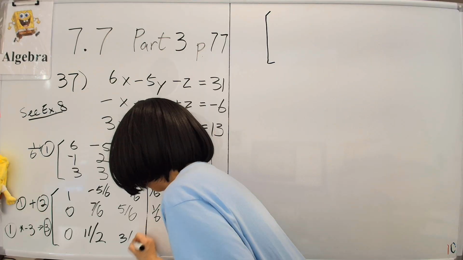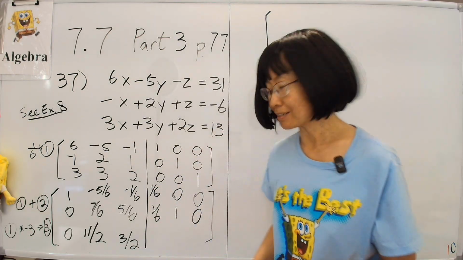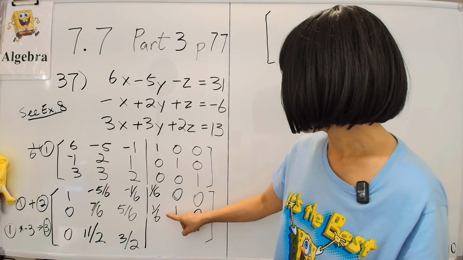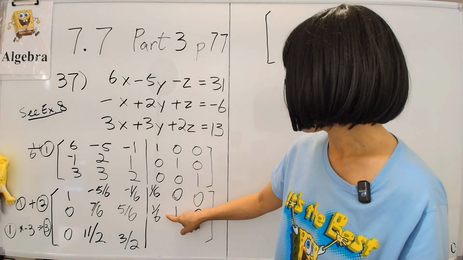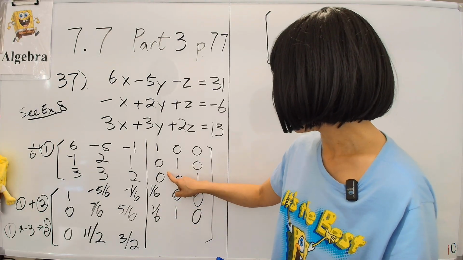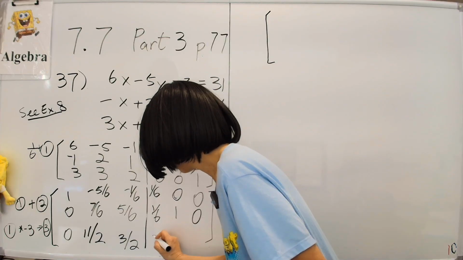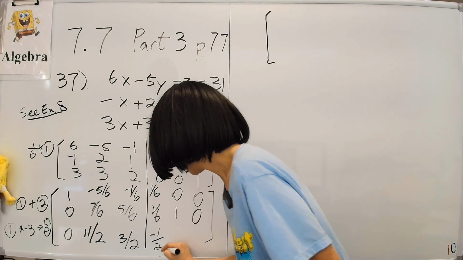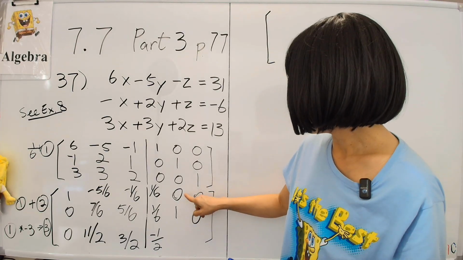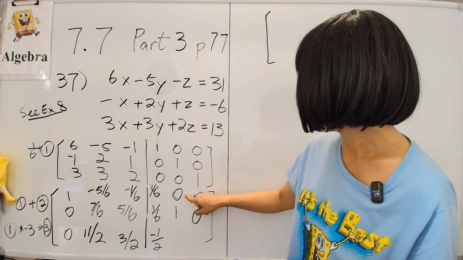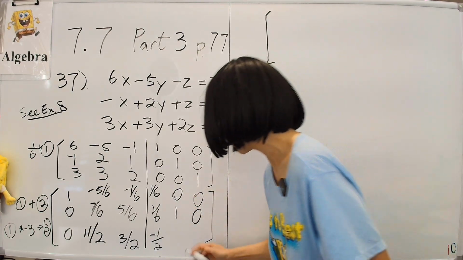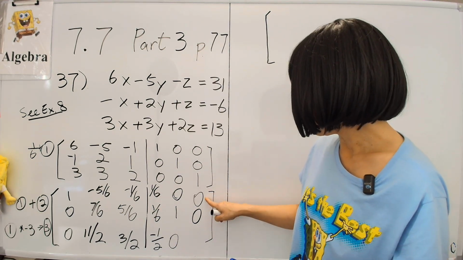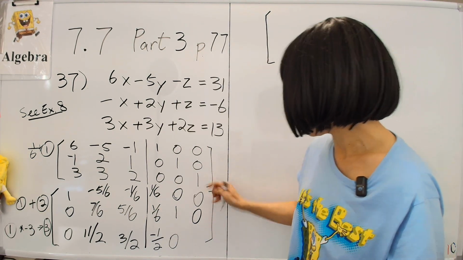I can check in a little bit if I got the numbers wrong. Next, this thing times minus 3 gives minus 1 half, plus 0 is minus 1 half. Next, row 1 times 3 added to row 3, they're all 0, so everything's 0. Next, row 1 times 3 added to this thing, that's 1.